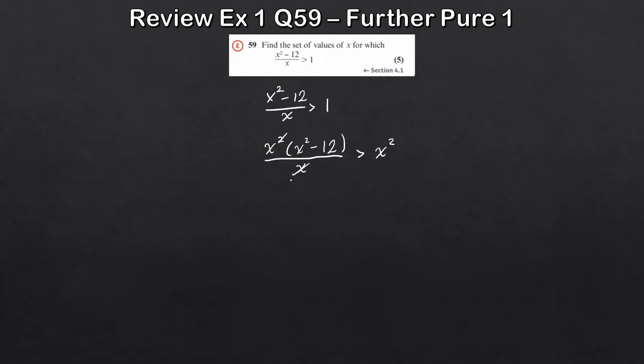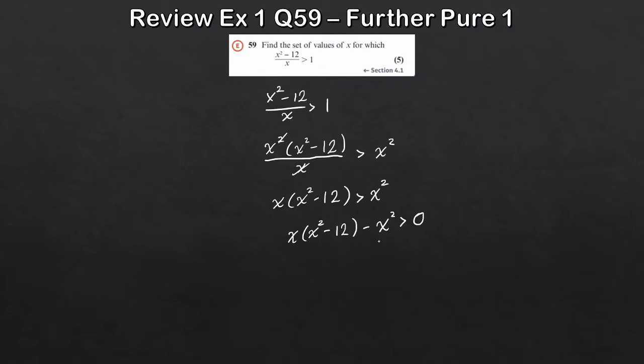So what I've got so far is x lots of x squared minus 12 is greater than x squared. And now at this stage here, I want to just start simplifying. So I'm going to subtract this x squared onto the other side. So it's going to be x lots of x squared minus 12 minus x squared greater than 0.